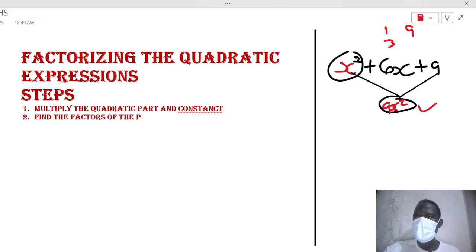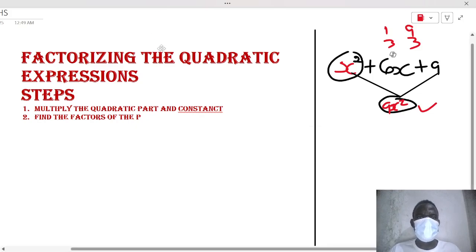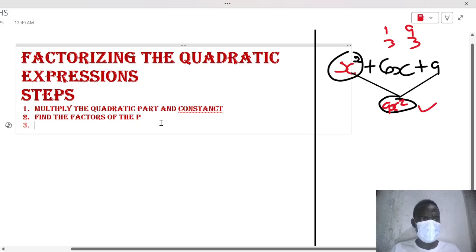So let us now do the other steps. Step 3 is to note the sign of the product.